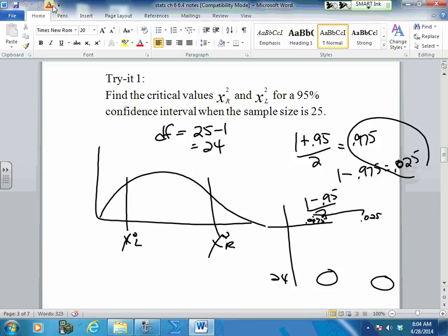Which one goes on the left-hand side, the smaller or the larger? The smaller. So, Alyssa, what'd you get for your smaller one? 12.401. Lizzie, what'd you get for your larger one? Okay. Taylor, what'd you get for your larger one? 39.364. Okay. Is this what you guys got? Yes. Okay.